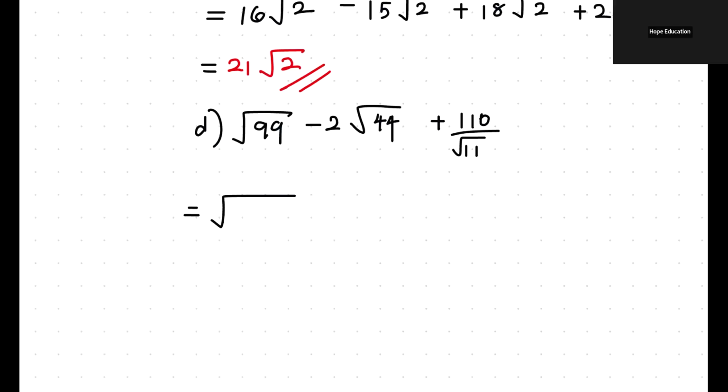Sorry. Root 99, I can write as 9 multiplied by 11.